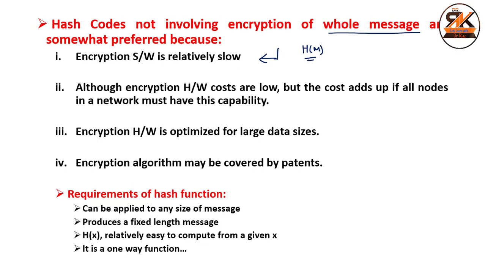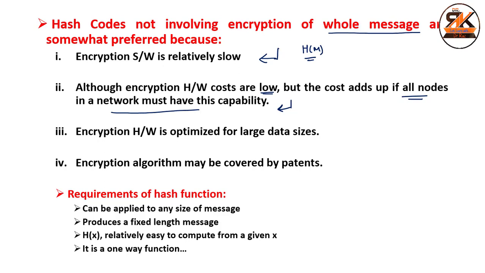Although encryption hardware costs are low, we know that hardware costs of the encryption functions are low, but the cost adds up if all the nodes in a network must have this capability. If all the nodes use this capability of encrypting the whole message, then the cost is going to be added up in the whole process, and the system is going to be very very slow. So that's why we do not use encryption of the whole message.